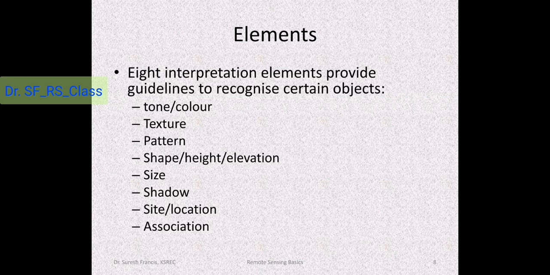elements and guidelines. Similarly, shadow is another interpretation element which helps us to even identify the profile of the object, the height of the object, the time.